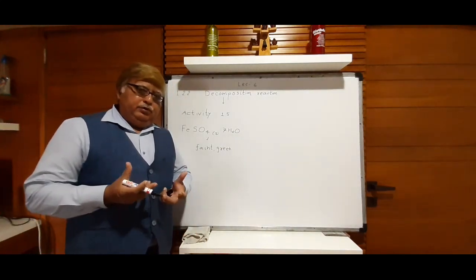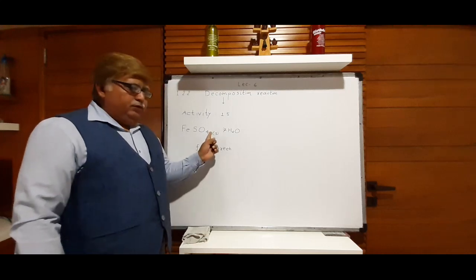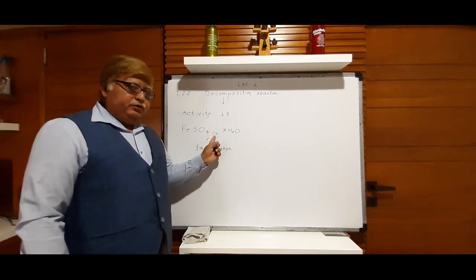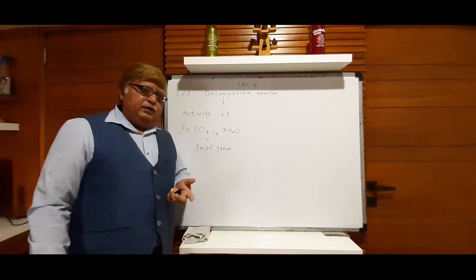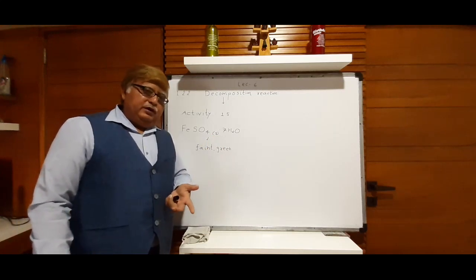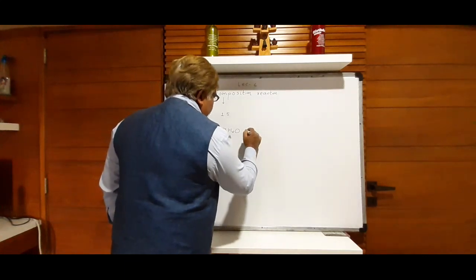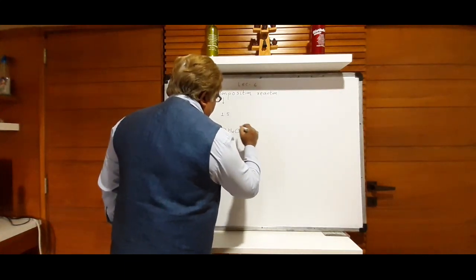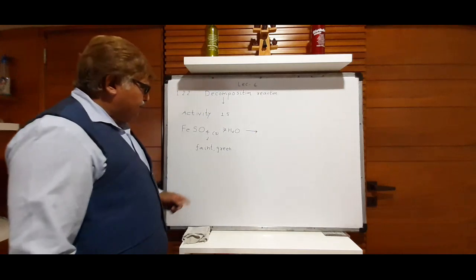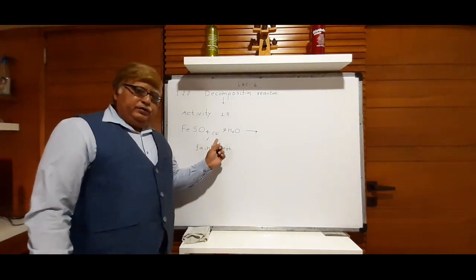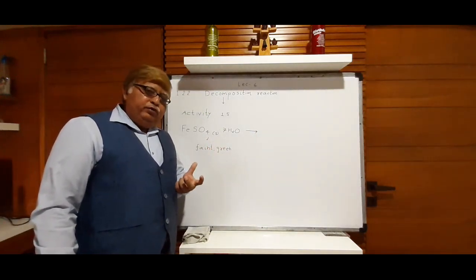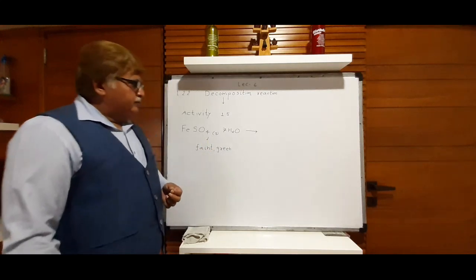Now what you have to do? You have to heat ferrous sulfate crystals with the help of either a burner or gas flame. What will you observe when you heat ferrous sulfate crystals, which are faint green in color?